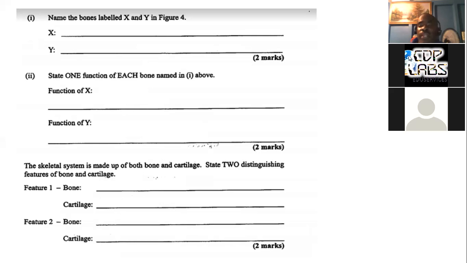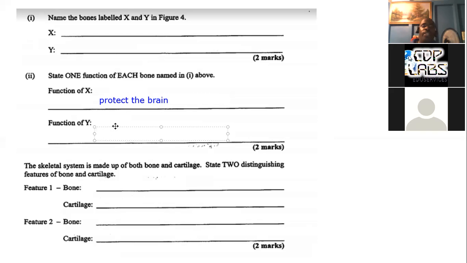What's the function of X? Alia, what's the function of X? Protect the skull. The brain. Protect the brain. Don't make a mistake there again now. So, protect the brain, not the skull. How can the skull protect itself? That is selfishness. Alright?